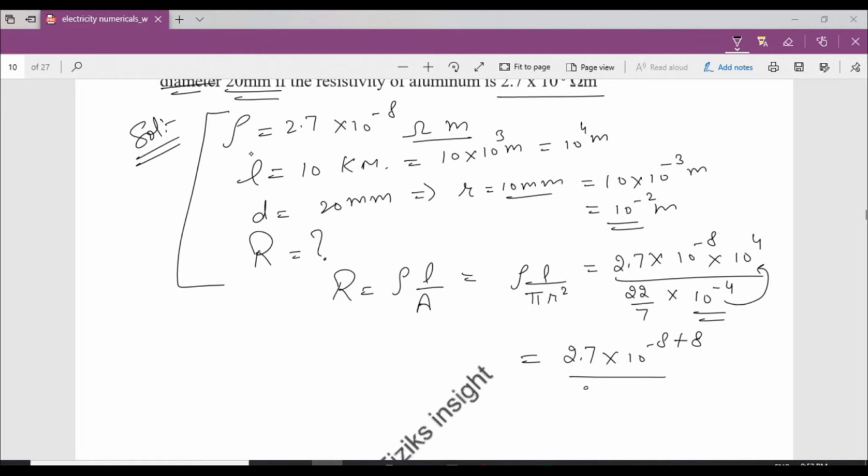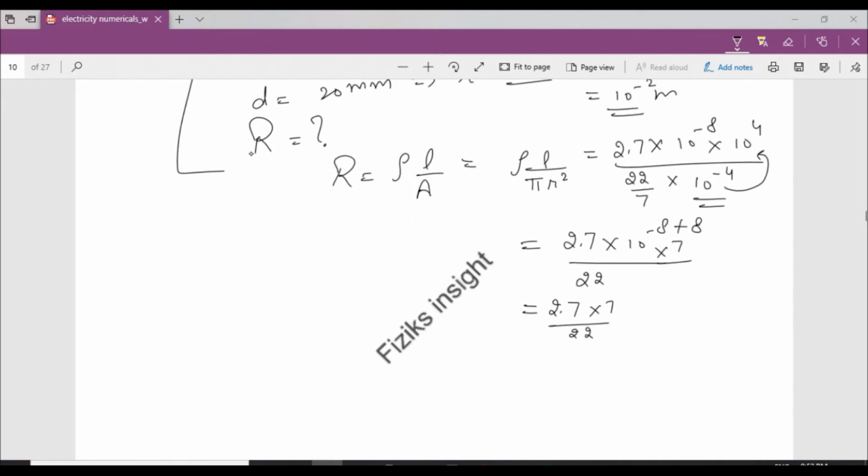So here we are writing 22 by 7 and the 7 goes here, so it will be 2.7 into 7 upon 22. When you multiply 27 into 7, you get 7 7s are 49, 7 2s are 14 and plus 4, 18.